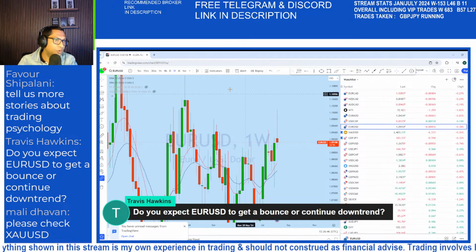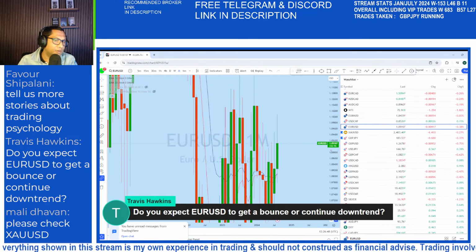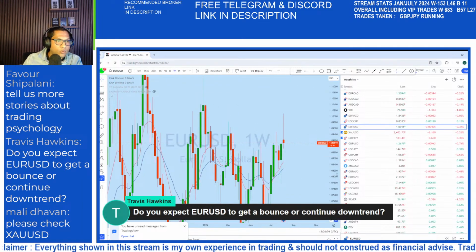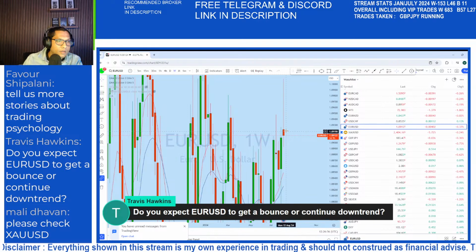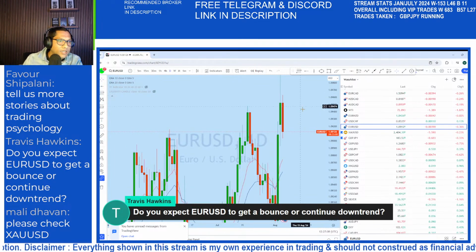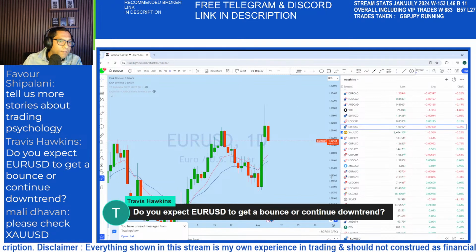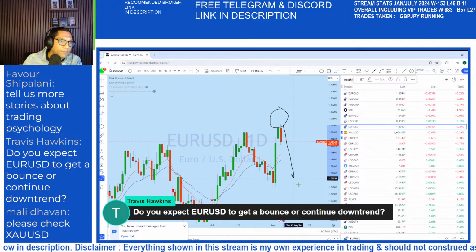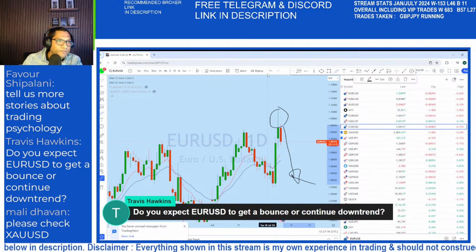If we look at the weekly and monthly, we can see a bearish long wick candle. Weekly also we can see a long wick candle with a narrow body, expecting it to go downside. Daily chart bearish. So Euro dollar, after this long wick candle, we can see rejection.